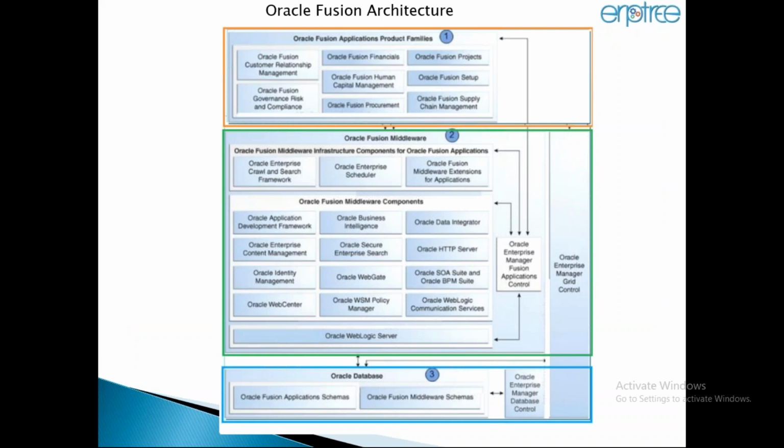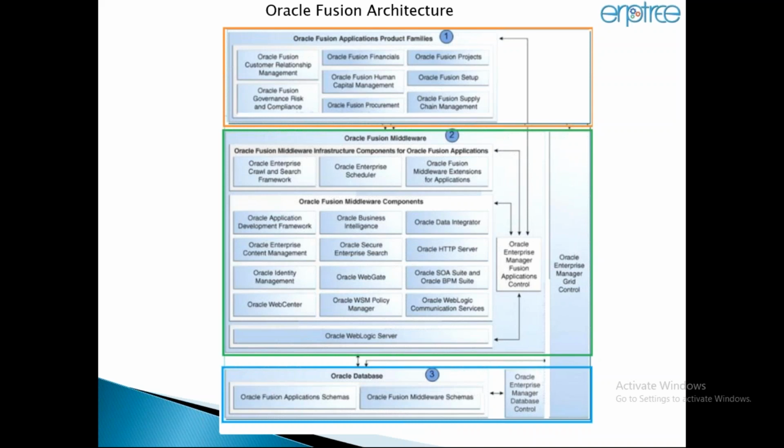And then we have the application architecture, so you can understand how Fusion applications are built. On the top you have applications like your CRM, financials, projects, procurement, SCM, all of which are built on the Fusion middleware.